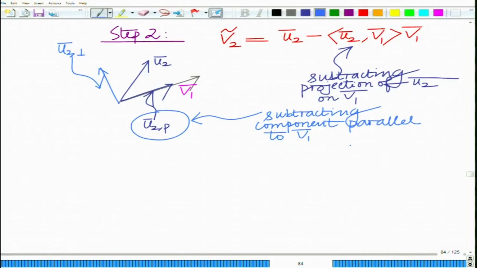Okay, and that is what the Gram-Schmidt orthonormalization procedure is achieving. Okay, and of course, now we have to ensure unit norm. So, now V2 bar equals V2 tilde divided by norm of V2 tilde, and this makes it unit norm.